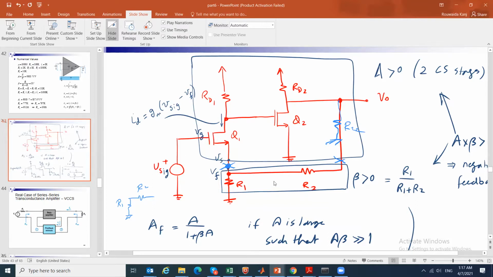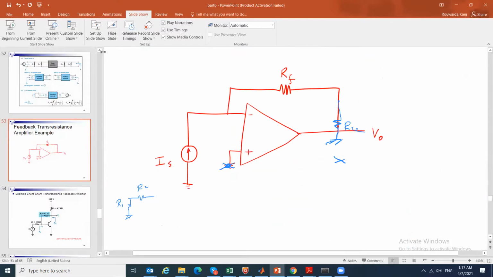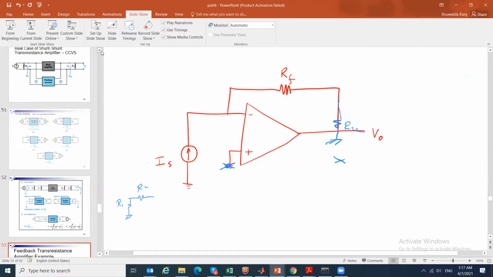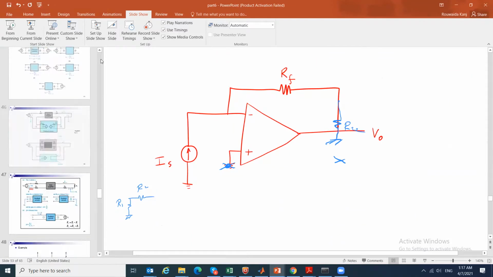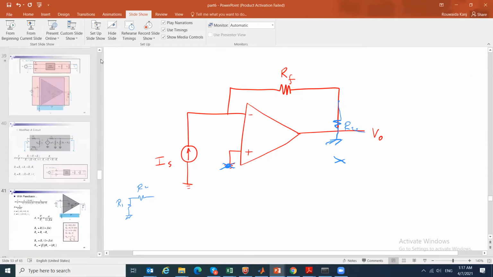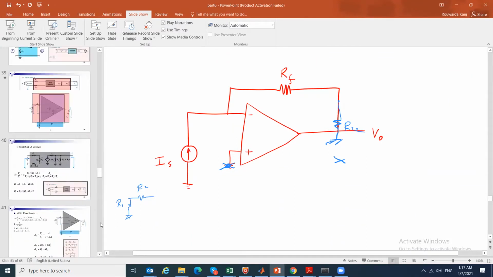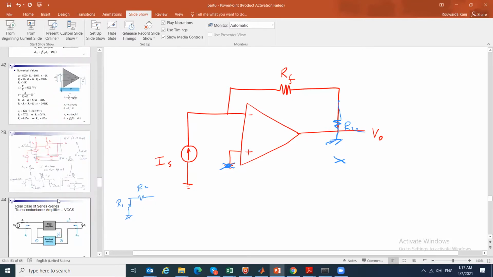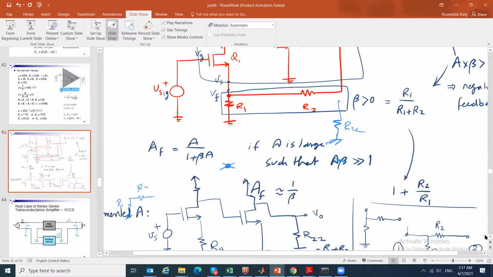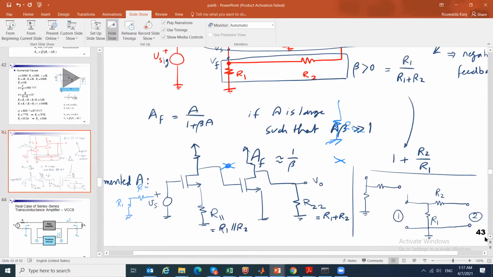And so the circuit will end up looking something like this. I'm going to draw it now for you. Let's draw it.